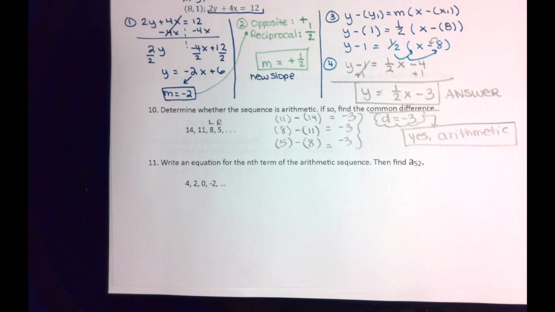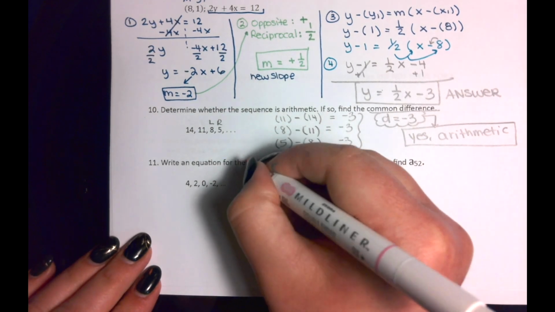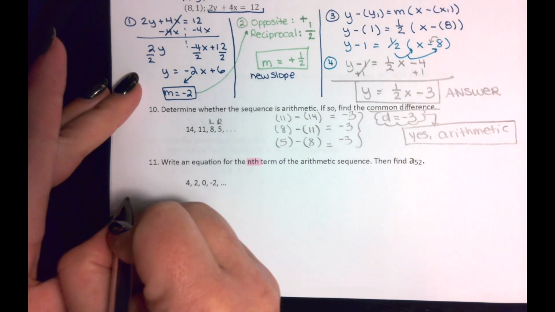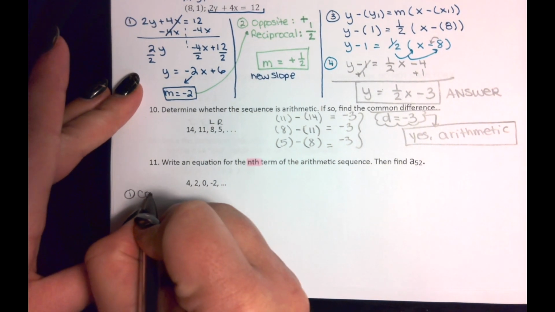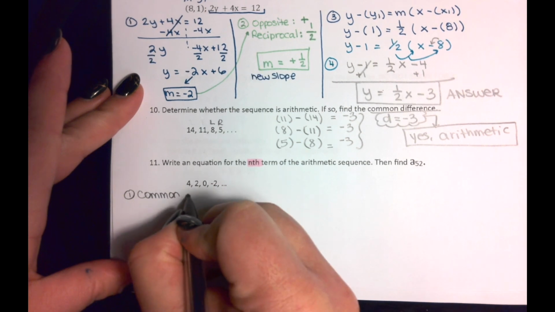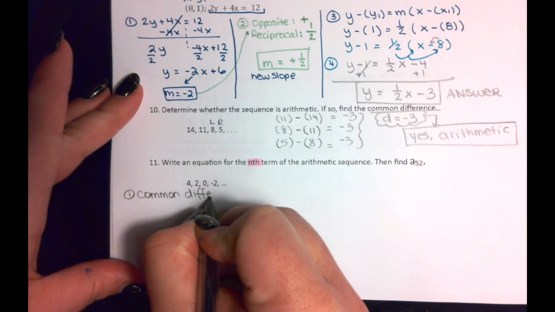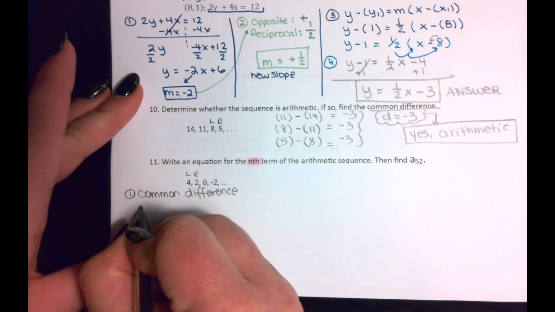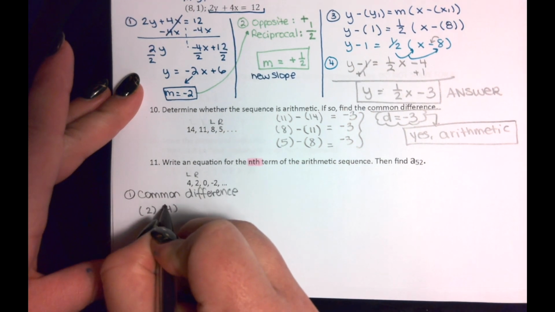For question number 11, it's saying write an equation for the nth term. So I'm going to highlight nth because nth is going to be important of the sequence. Then find a sub 52. First step is we want to find the common difference. And again, taking your right minus your left, so 2 minus 4.